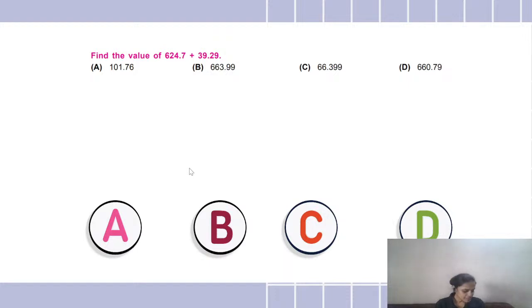I already got the answer from Satish. He says it's option B. Option B is 663.99. Let's wait for Ritika and Debyanshi also.